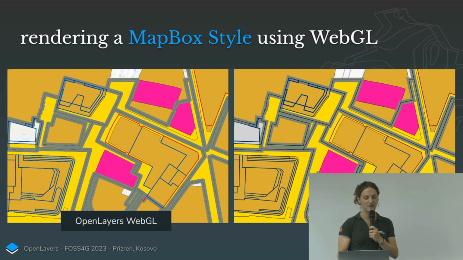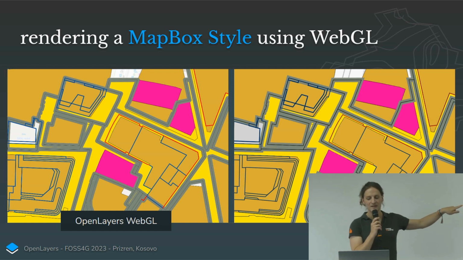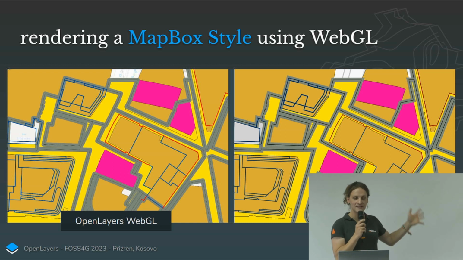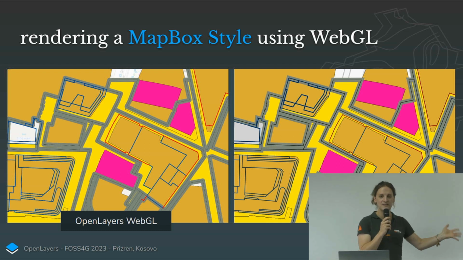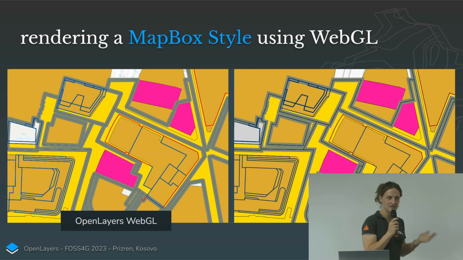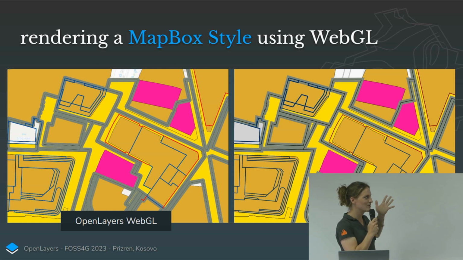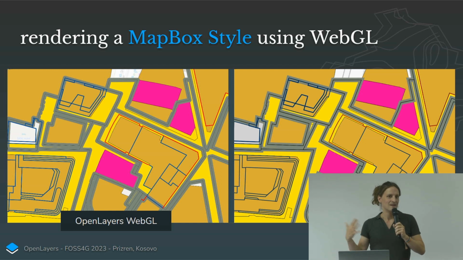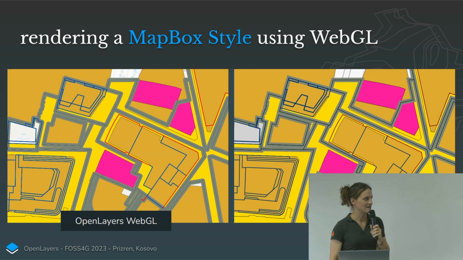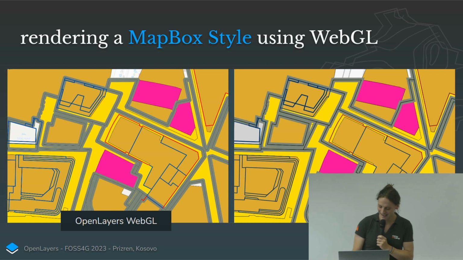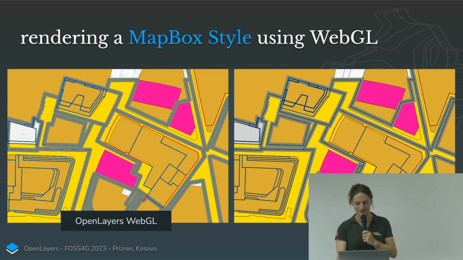But in terms of the rendering, I think we're getting really close. Also, on the left, we are really parsing the original Mapbox style that we get, and we process it a little bit to make it match with the OpenLayers styling format, and then we render it. So we're getting really close to this final target, and I'm really proud of it personally, and I have big hopes for it for the future. I think it's going to be great.